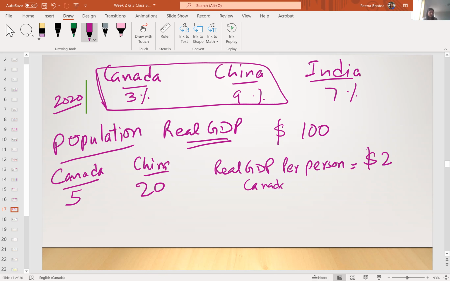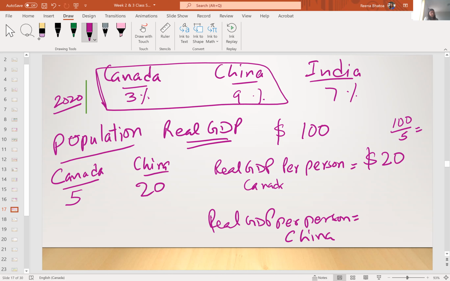That's right. $20. How do we do that? 100 divided by 5, which is $20. Same thing, real GDP per person in China. 100 divided by 20 is 5.